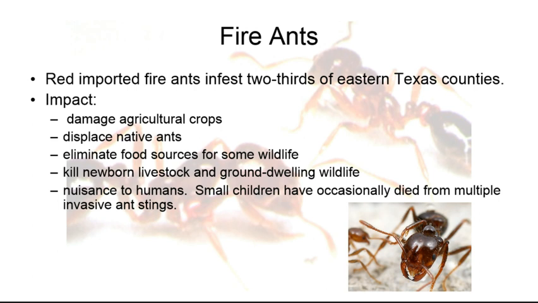They've actually been known to kill livestock, any ground-dwelling wildlife, especially babies, and they're a huge nuisance to humans. And can be lethal, actually. If you're a small child or you're elderly or whatever, and you have enough ant stings, that toxin can actually kill you.